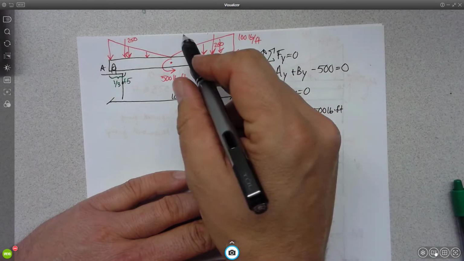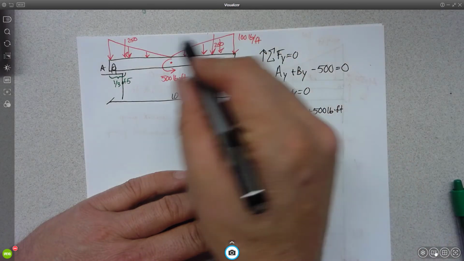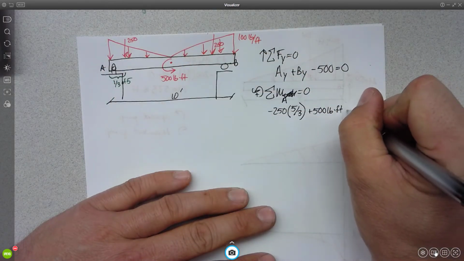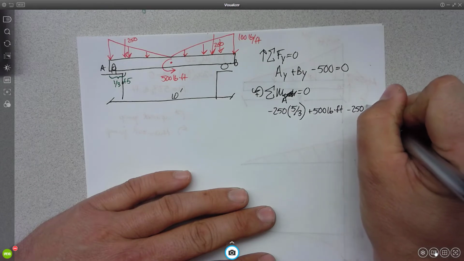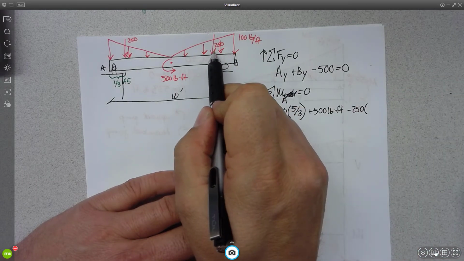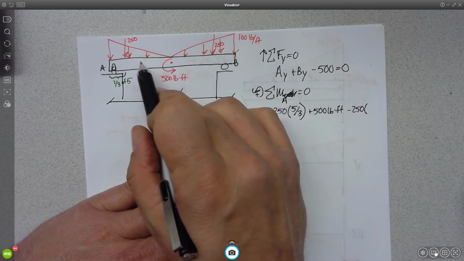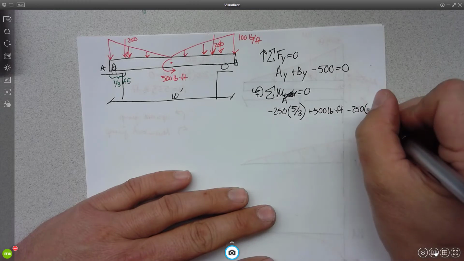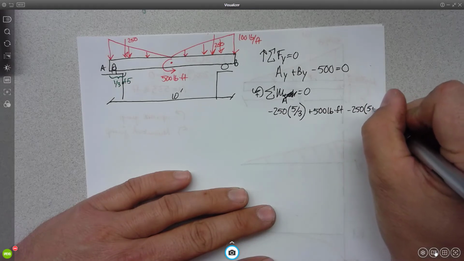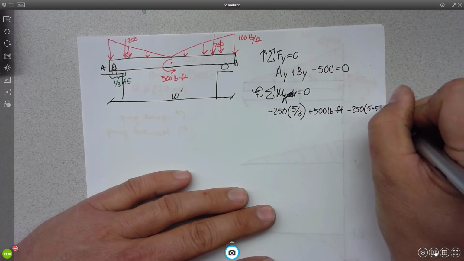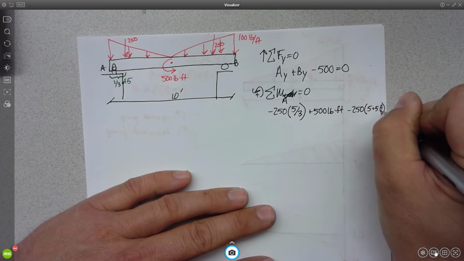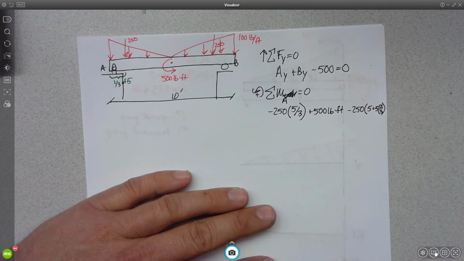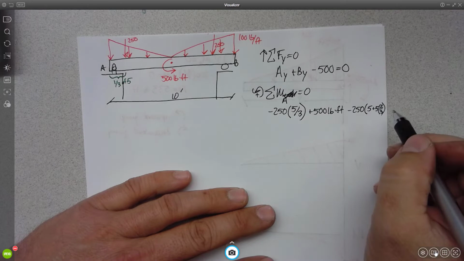Okay? What else do I have then? Negative 250, and so on. Another negative 250. That's this guy over here. What would his lever arm be? Five feet plus 5 times 2/3. Right?